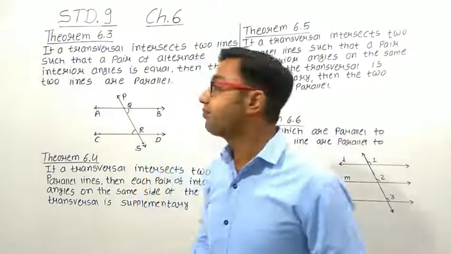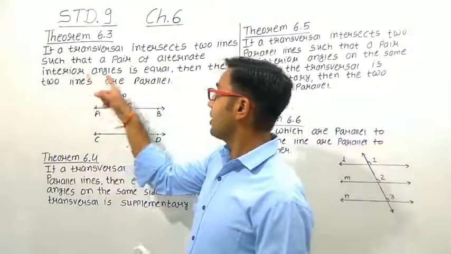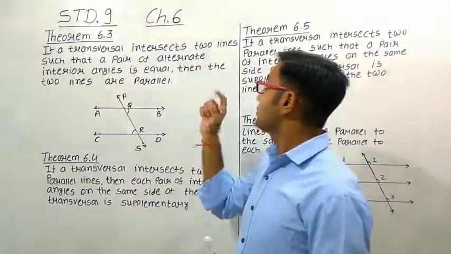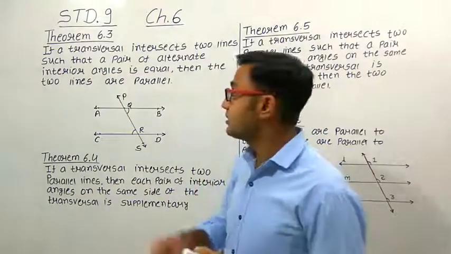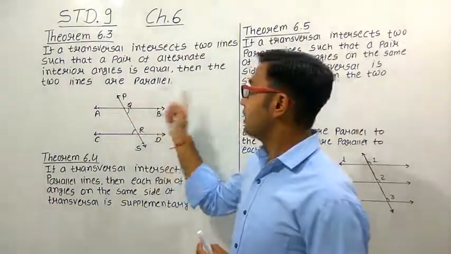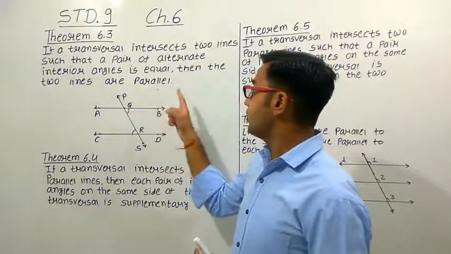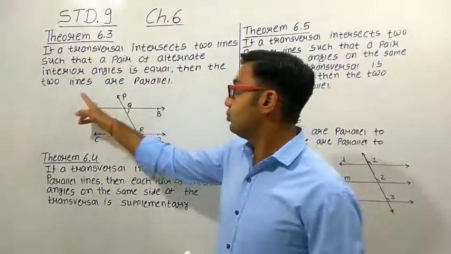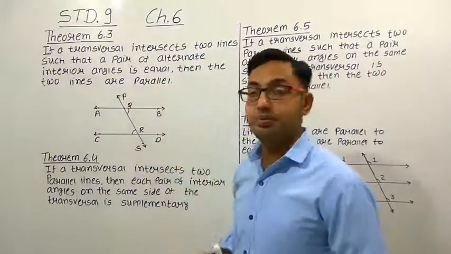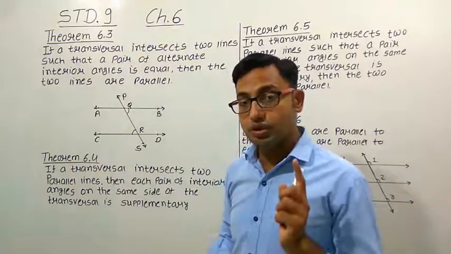What is the statement? The statement is: if a transversal intersects two lines such that a pair of alternate interior angles is equal, then the two lines are parallel. Now focus.